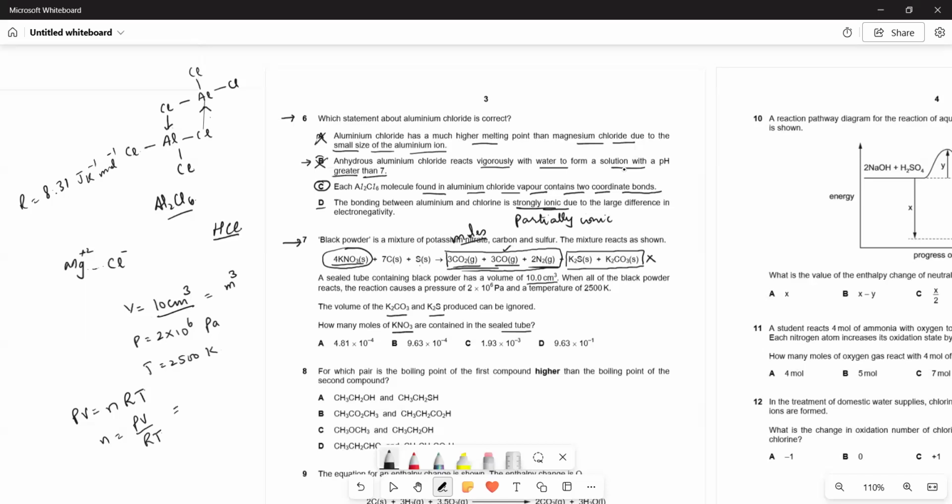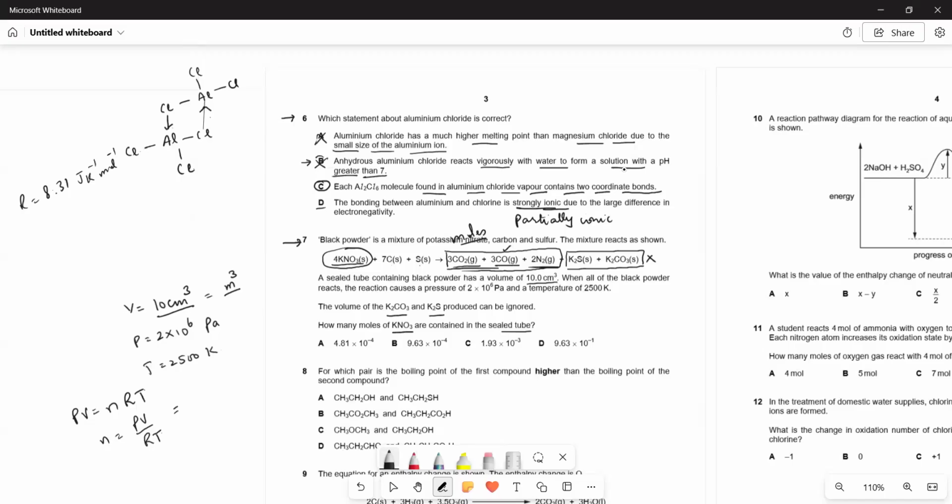So I have to convert this volume, 10 cm cube, into cubic meter. For that, I know the cm cube and cubic meter relationship. Which one is greater? This one is the bigger value.